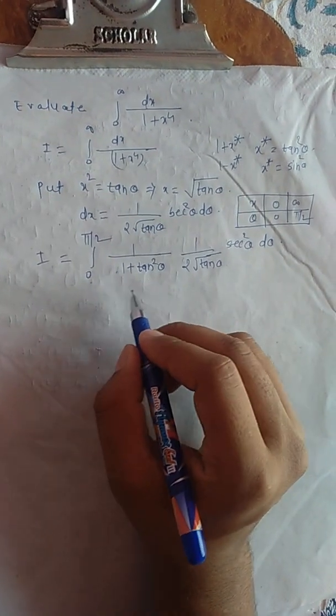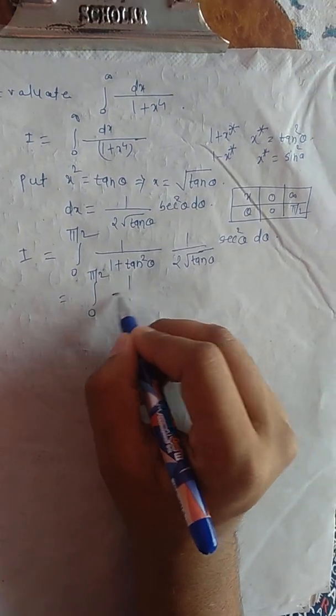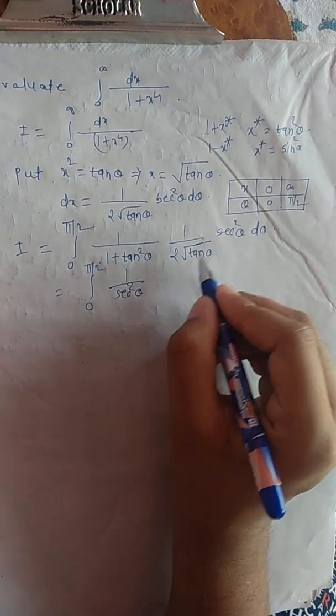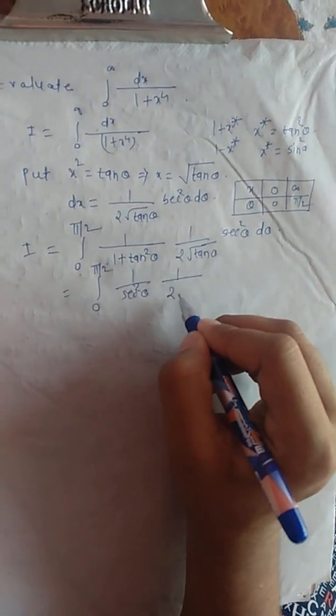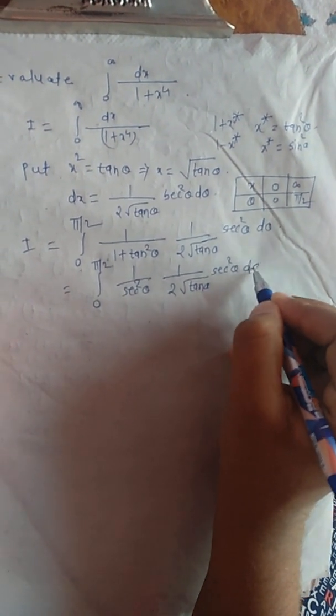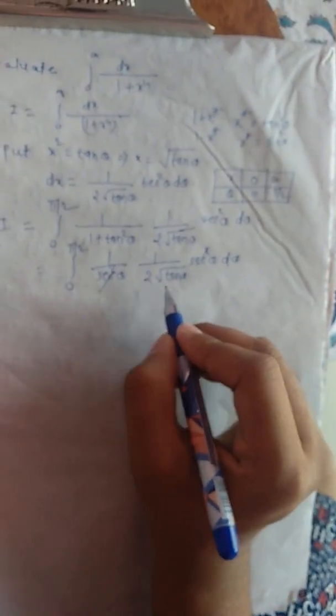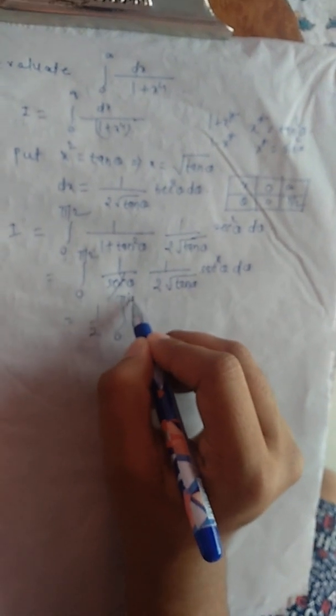Now 1 plus tan square is sec square, so we have integration 0 to pi by 2, 1 upon sec square theta, 1 upon 2 times root of tan theta into sec square theta d theta. Sec square gets cancelled. Tan is sine upon cos, so this will be equal to 1 upon 2 integration 0 to pi by 2.